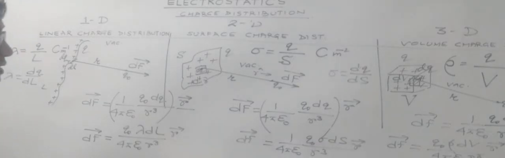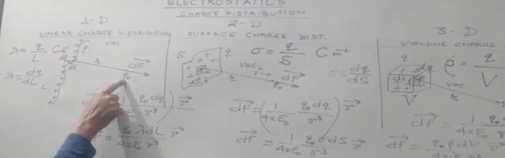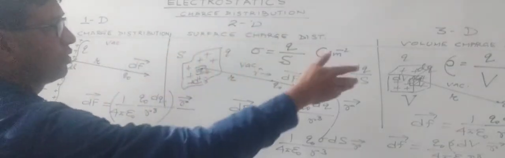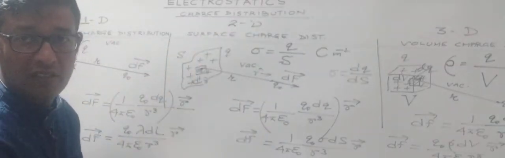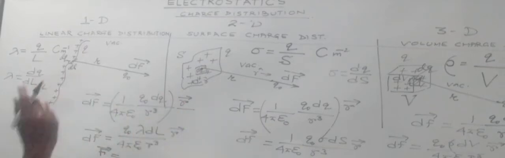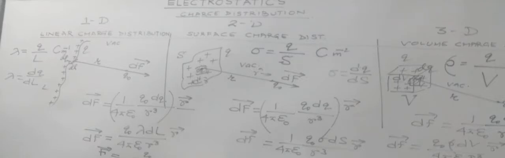In order to find the net force experienced by this charge Q naught due to the continuous charge distribution, whether it is line charge distribution, surface charge or volume charge, we'll integrate it. So net force over here would be the integration of this. Constants can be taken outside the integration. Q naught is constant, 4 pi epsilon naught is constant, lambda is constant.